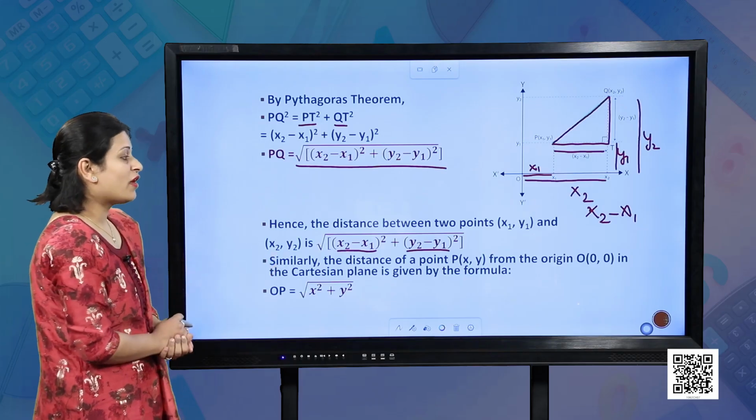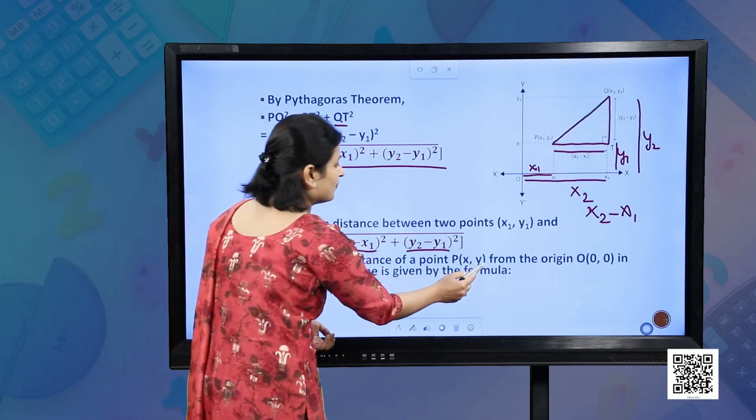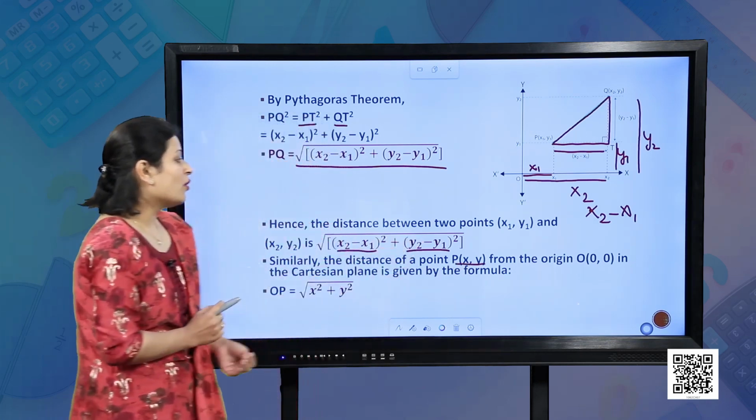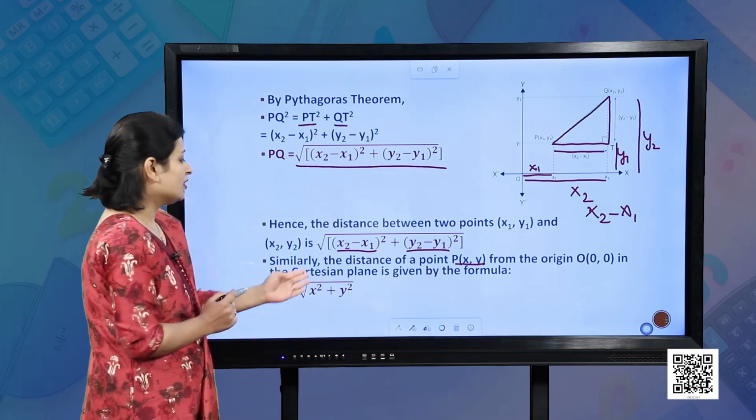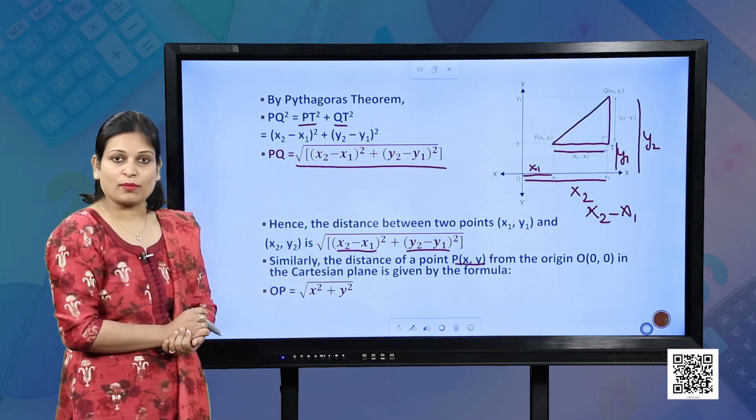Similarly, the distance of a point P x y from the origin O, which is 0, 0 in the Cartesian plane, is given by the formula.